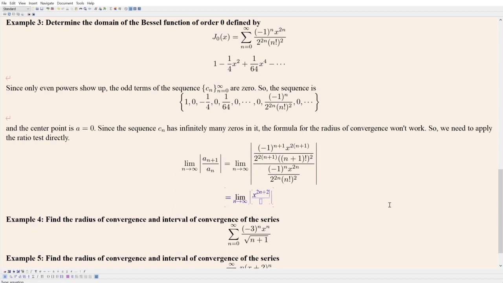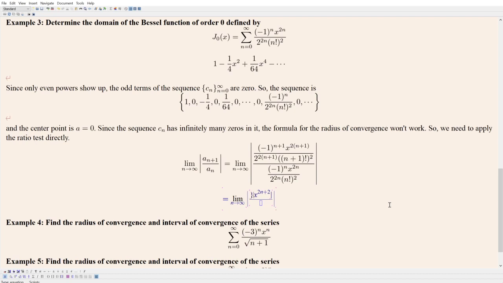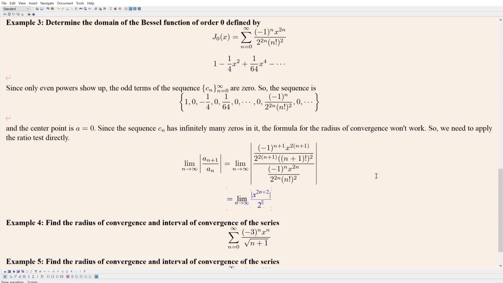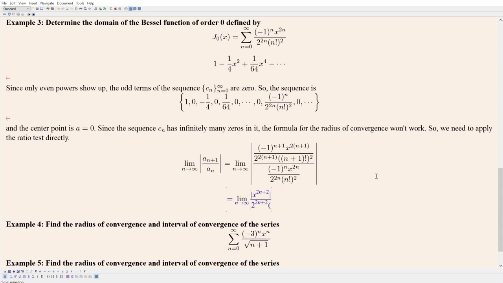Oh, no, I had the right idea the first time. Because you only need to keep absolute values around the x's, because x is a variable, so you may very well want it to be negative. As for all of this, that's 2 to the 2n plus 2, and then n plus 1 factorial squared.